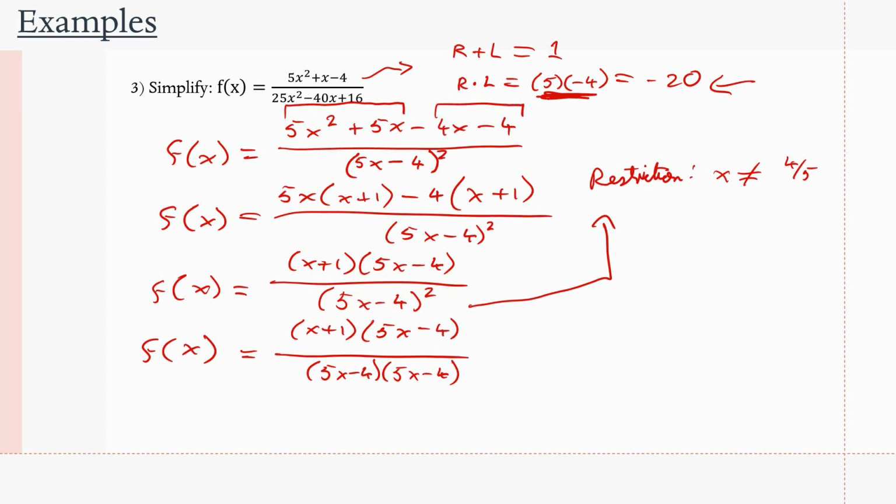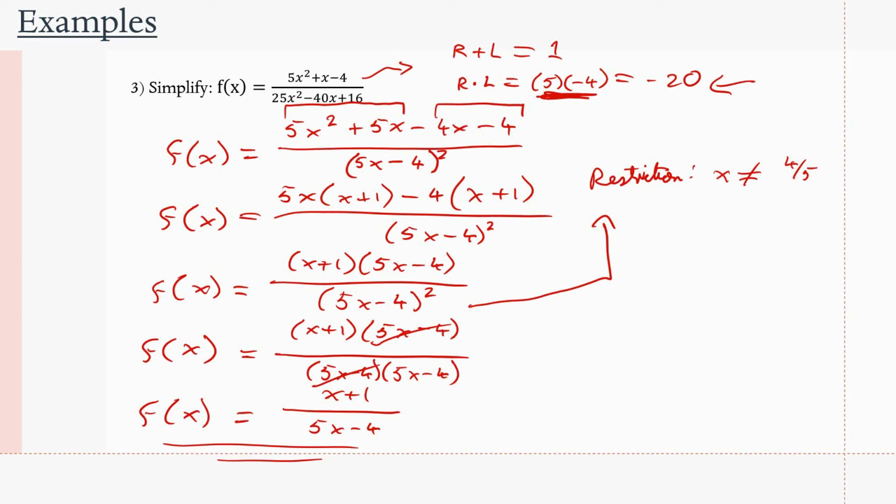So we have 2, and from there, we can divide out just one of them with the 5x minus 4 on the top. And we'll have x plus 1 over 5x minus 4. And that's our final answer right there: x plus 1 over 5x minus 4.